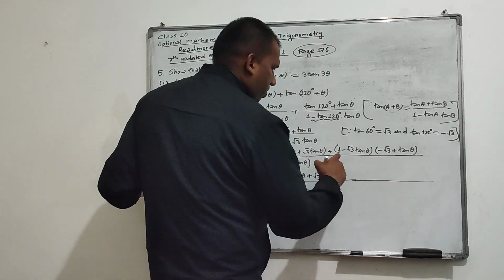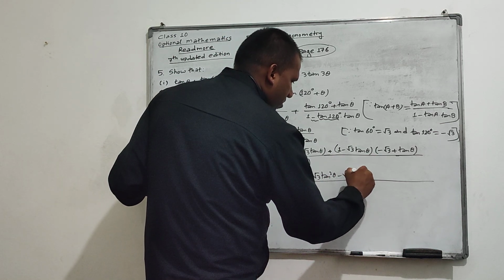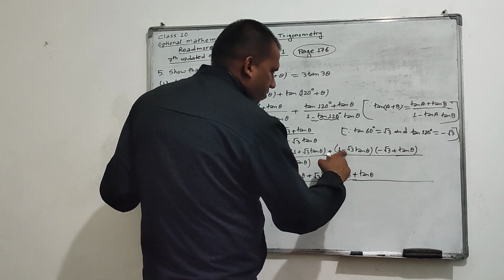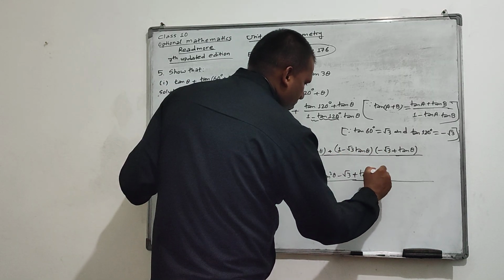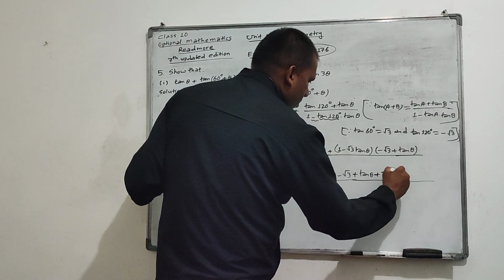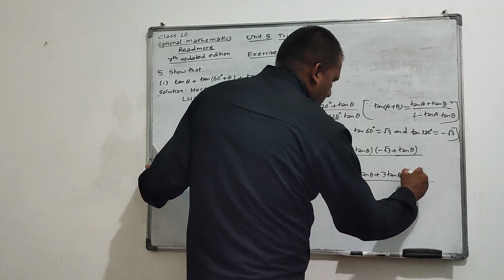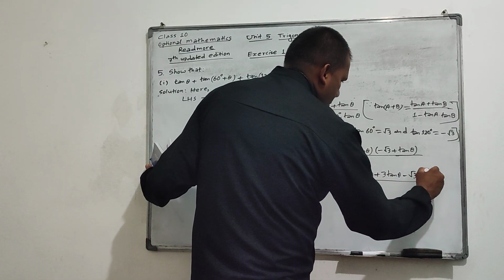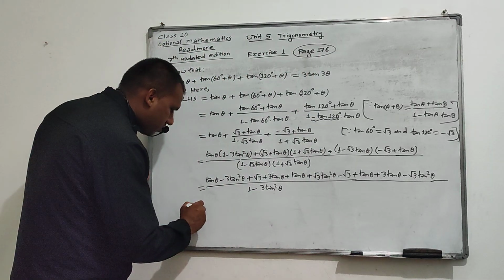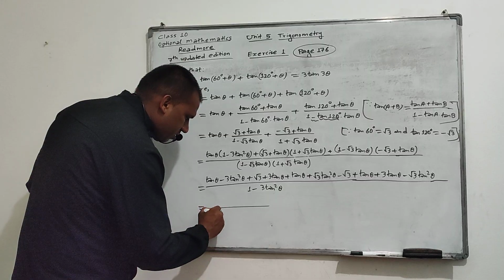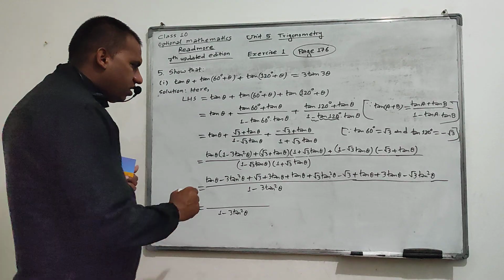Now this into this: 1 into minus root 3, 1 into tan theta plus tan theta, minus root 3 tan theta into minus root 3, plus 3 tan theta, and minus root 3 tan square theta. Simplifying this, the denominator is 1 minus 3 tan square theta.